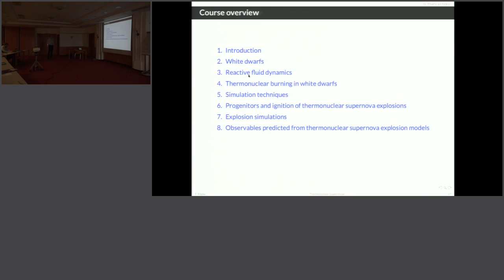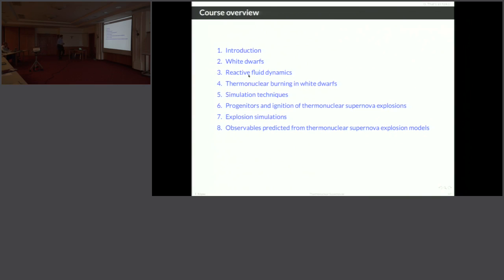I gave you at least some sense of what we do for the simulation of these objects. We talked a little bit about progenitors and the possible ignition scenarios for thermonuclear supernovae. I've given an overview of different multidimensional explosion simulations, and now we discussed the observables.